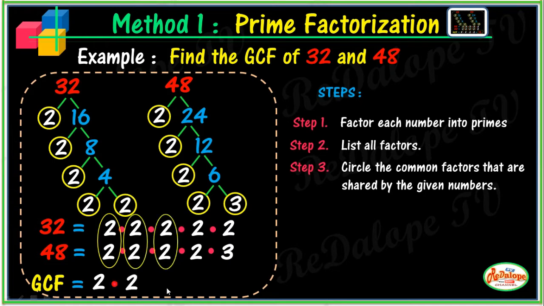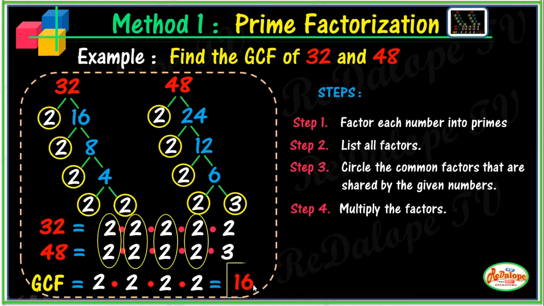And then we have 2 again. And the last common factor shared by the given numbers is simply 2. Then to find the GCF, we multiply these factors. It happens to be 2 times 2 times 2 times 2, which is simply 16.